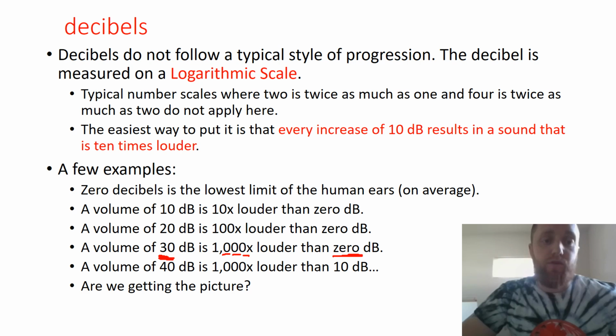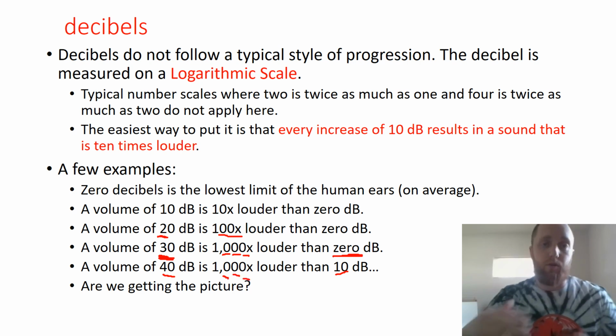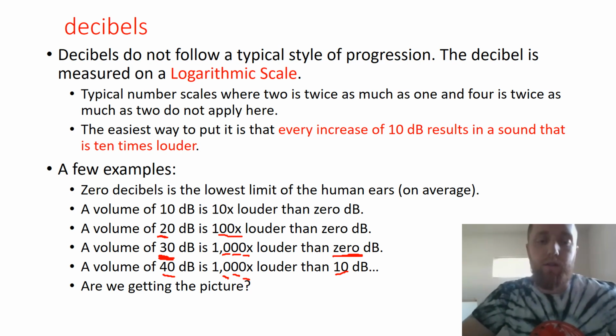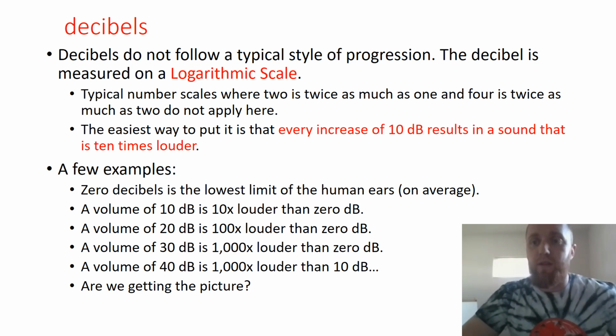If it's a difference of 20 decibels, then you're going to have 2 zeros. Again, down here, 40 decibels to 10 decibels, you get a difference of 30 decibels, 40 minus 10. And so again, with that 30 decibel difference, you're going to get 1, 2, and 3 zeros. So it's always a little bit easier to figure it out that way, I think, than trying to fool around with logarithms.